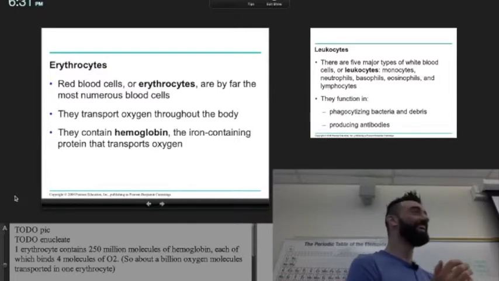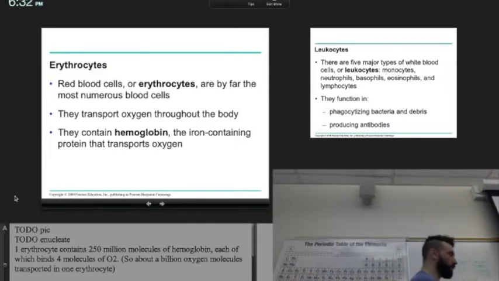Really? No one? When oxygen comes in, it has a higher affinity to collect more. Exactly. So the more oxygen molecules that are bound to hemoglobin, every time oxygen binds, it changes the conformation of the hemoglobin just a little bit and makes it have a higher affinity for the next oxygen, and so on and so forth.